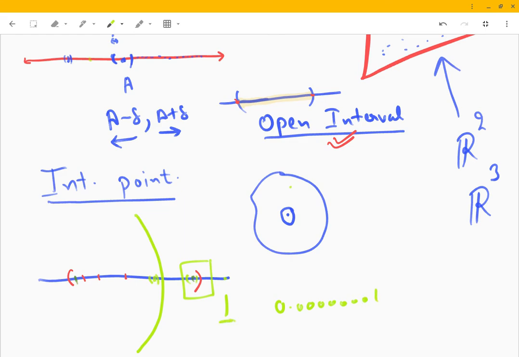No matter what the point is, it will take the same space on the real line. And when you remove that point, you will be left with all the points around it in the neighborhood except that point. This is called the deleted neighborhood of that point. Okay, now why is this concept important?